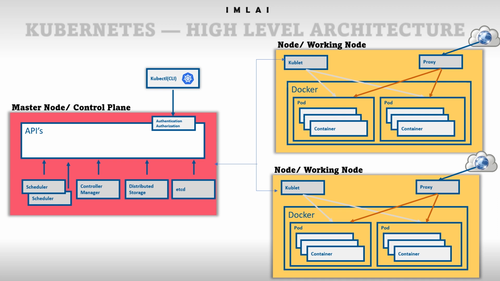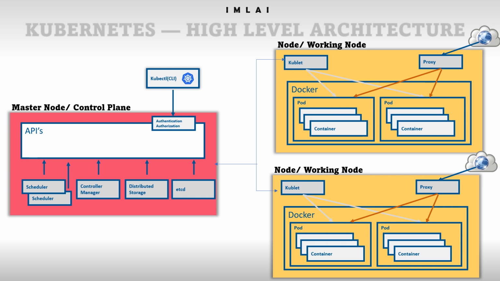Factors taken into account for scheduling decisions include individual and collective resource requirements, hardware, software, policy constraints, affinity and anti-affinity specifications, data locality, inter-workload interference, and deadlines.